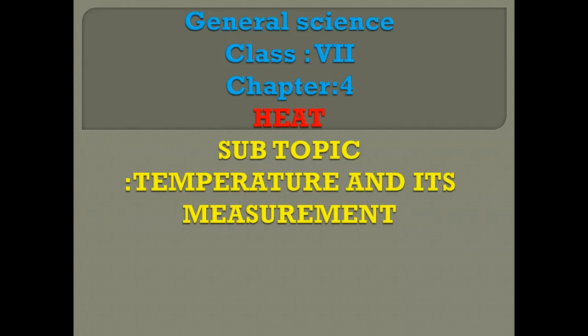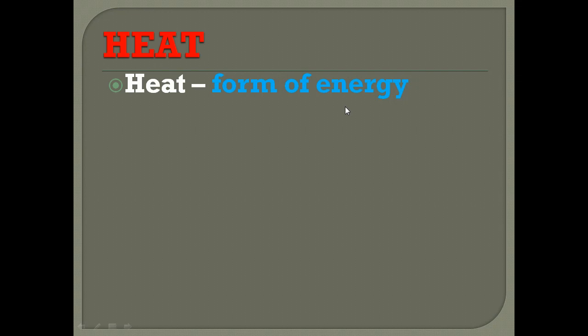Okay, so first we can see what is meant by heat. Heat is a form of energy. We feel hot outside but cooler inside our house in summers. Similarly, in winters, we feel warm when we go inside our house.